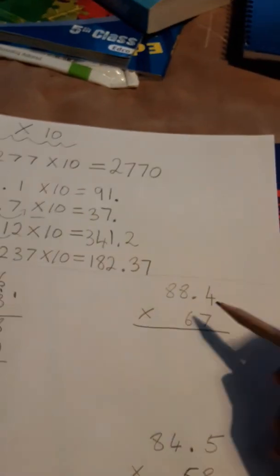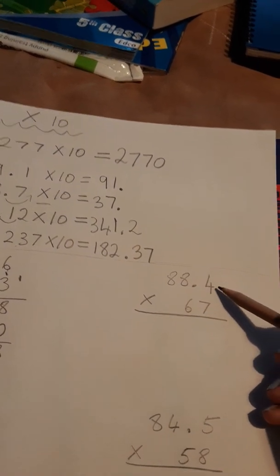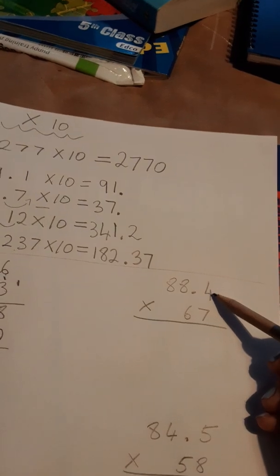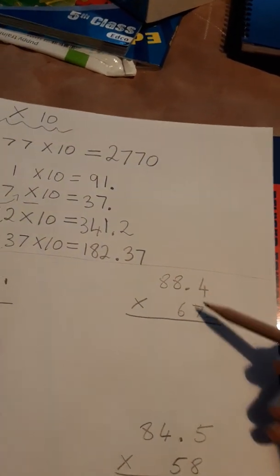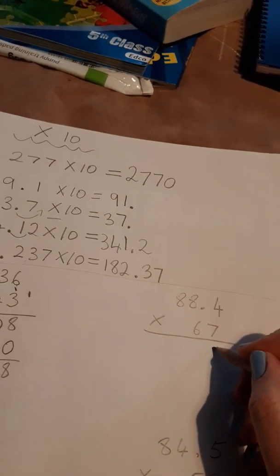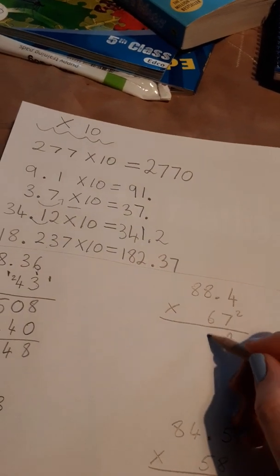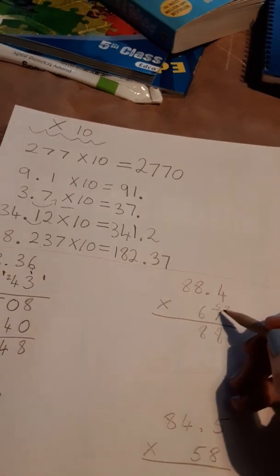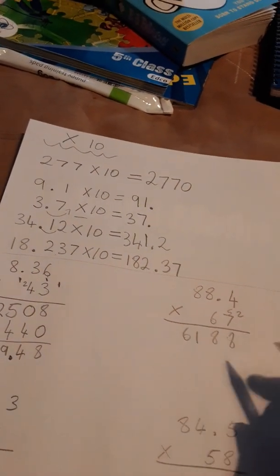Let's try another one. This has got a decimal in the question. Again, you've got something behind the decimal. But in this case, you've only got 1 number behind the decimal, so there must be 1 number behind the decimal in your answer. Again, disregard the decimal until you come to the end. 4 7s is 28. 7 8s is 56 plus 2 is 58. 7 8s is 56 plus 5 is 61.